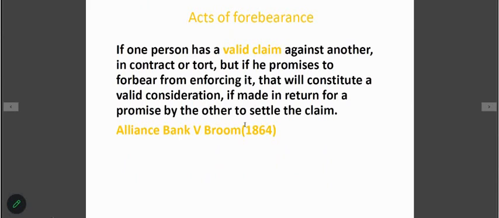But what happens if the other party claims against this party, then in return the parties have to agree to settle the claim. And this is an act of forbearance. You can give up, but if other people claim, you can bring up the case again.